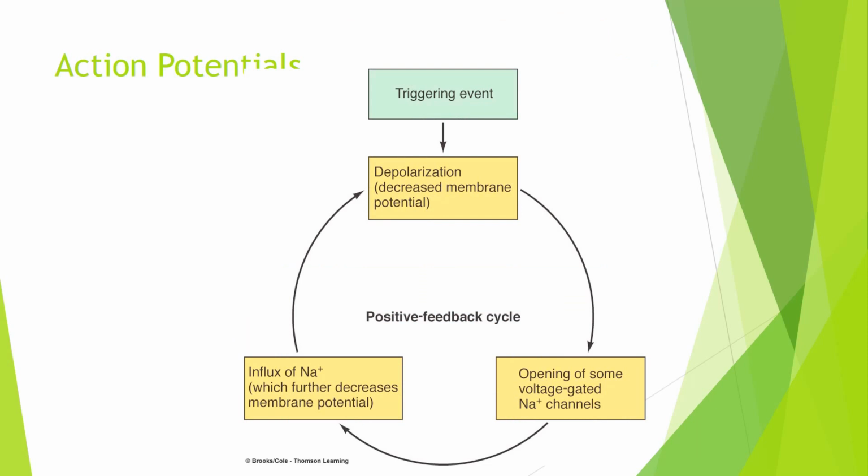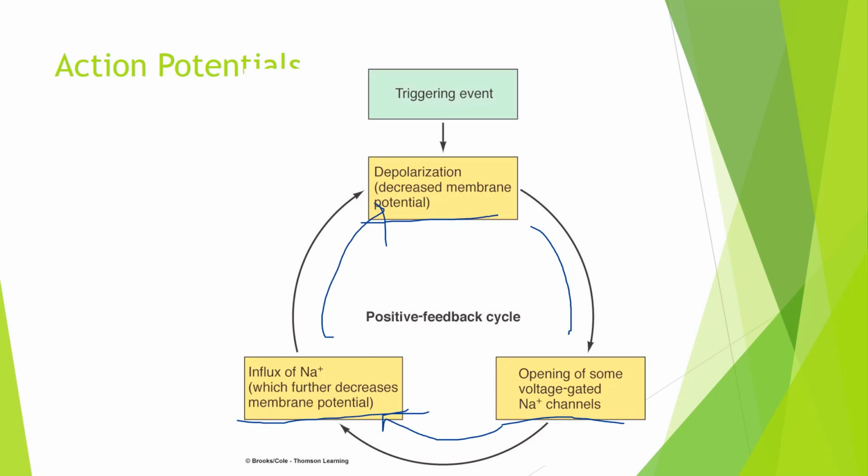So to sum up with the action potential then, when we have some type of triggering event, this could be in the form of ions that have moved across, predominantly potassium, that's going to cause a depolarization, so a decrease in membrane potential, and then it's going to open voltage-gated channels and continue increasing that sodium into the cell.